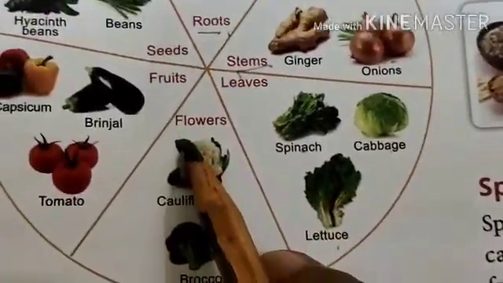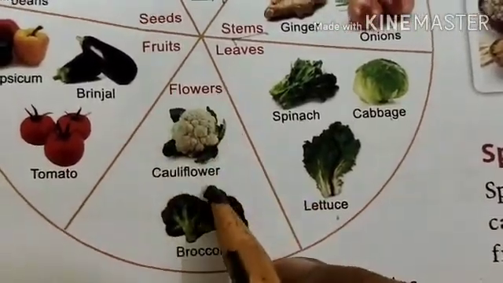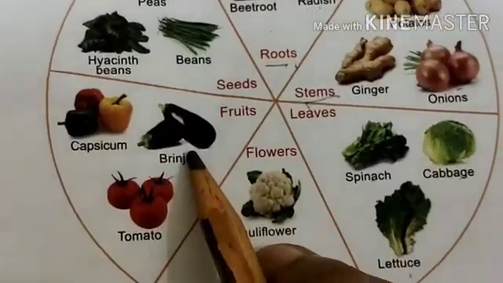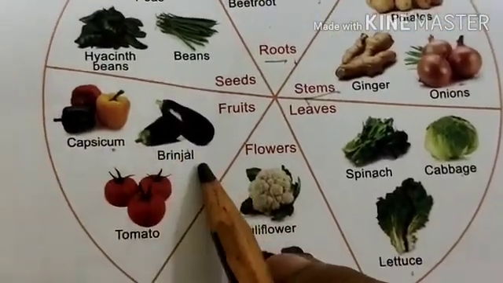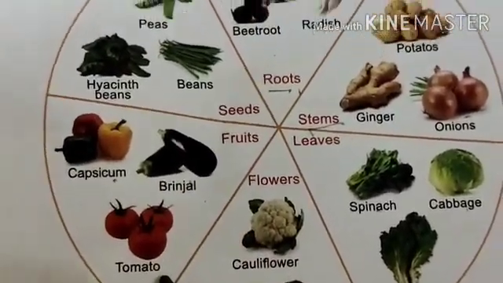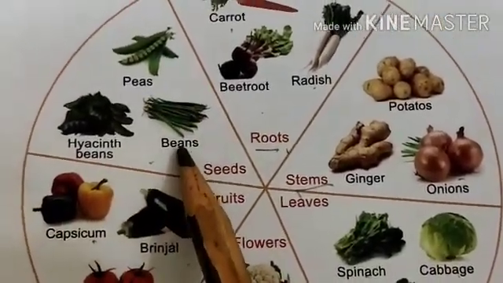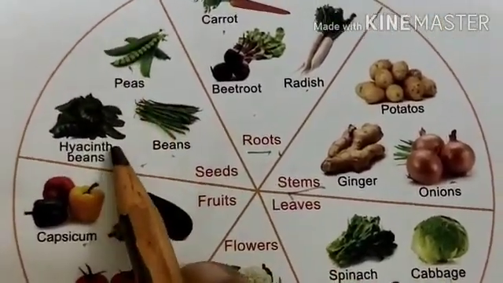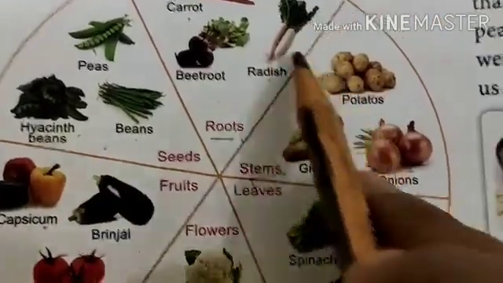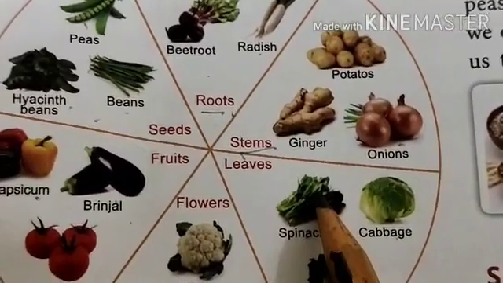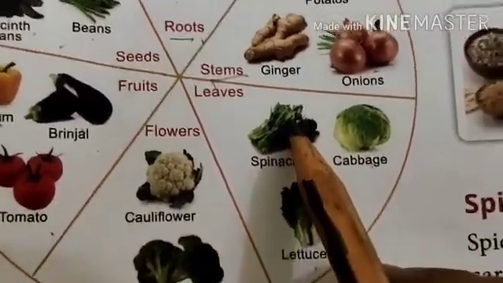Then some flowers of the plants we eat, cauliflower, broccoli. The fruits we eat like capsicum, brinjal, tomato. Then some seeds which we eat, they are beans, peas, hyacinth beans. So all these things come from the plants which we use as food.